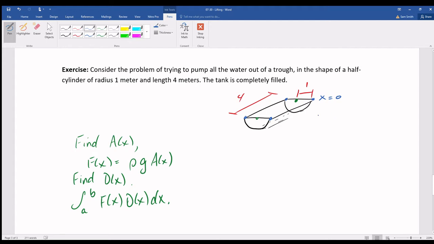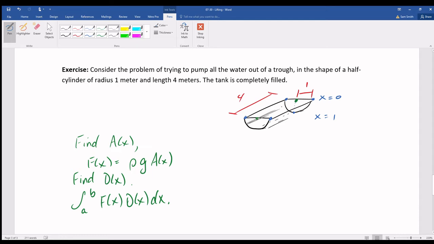And I'm going to set x equals 1 at the bottom of the tank, remembering that this cylinder has a radius of 1 unit, not just in the horizontal direction, but since it is radius, also in the vertical direction. So I'm setting up my coordinate system so that x increases as we move down in this picture. So I'm going to now choose a random x value, somewhere between 0 and 1.